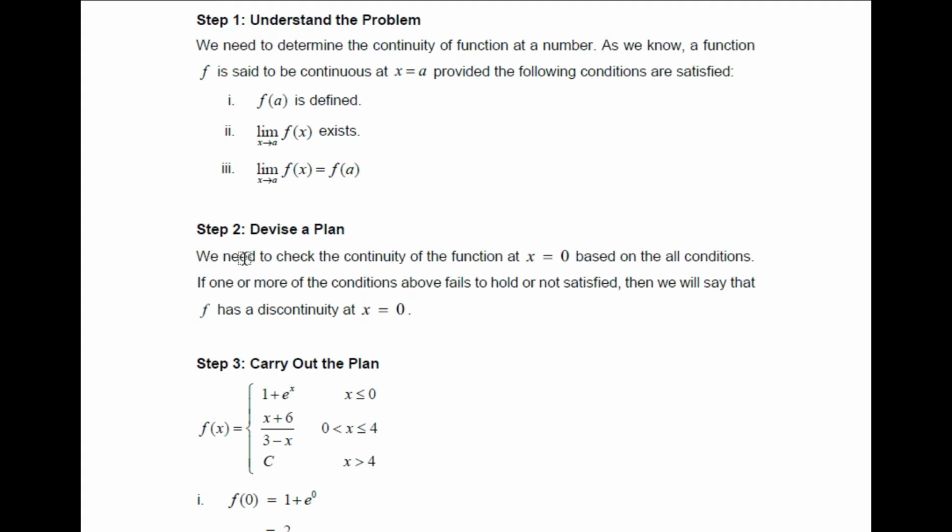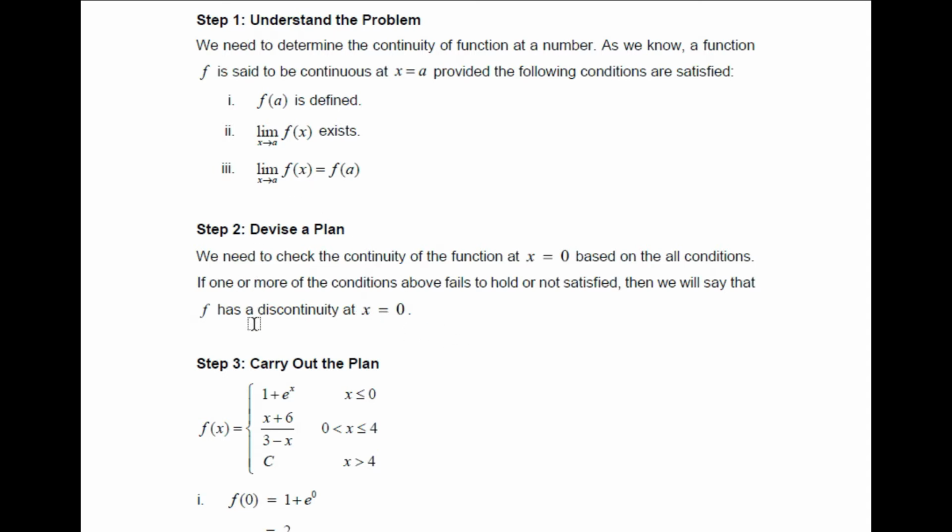Step 2, devise a plan. We need to check the continuity of the function at x equals a based on all the conditions. If one or more of the conditions above fail to hold or are not satisfied, then we will say that f has a discontinuity at x equals 0.